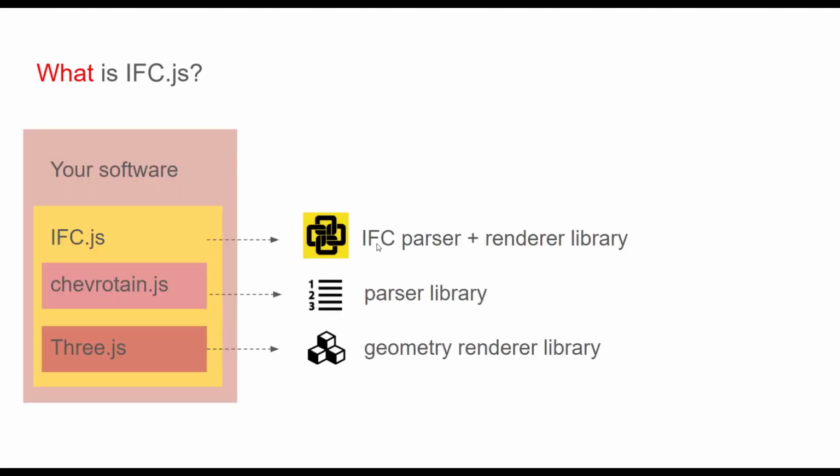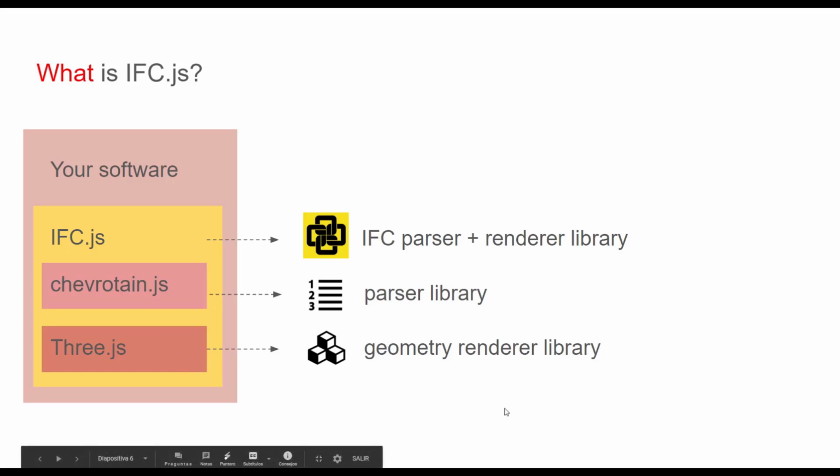This library is constructed on top of 2 other libraries, which are open source, I think, both of them. Chevrotain.js, which is the library I'm using for parsing. This is a parser generator for JavaScript. And I'm also using Three.js, which is a library that people use to see geometry in the browsers without needing anything else.